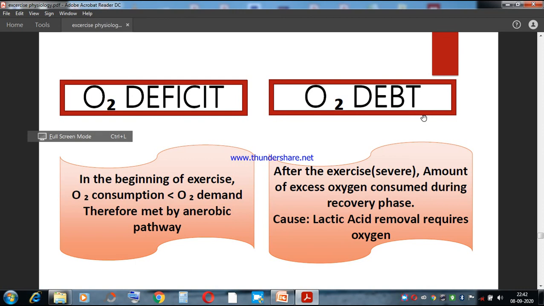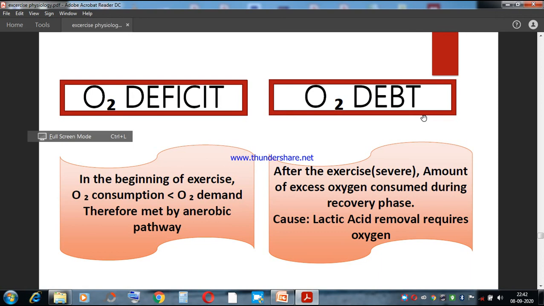Now two terms come in exercise physiology: oxygen deficit and oxygen debt. Okay. In the beginning of the exercises, oxygen consumption is less than oxygen demand. So what will happen?